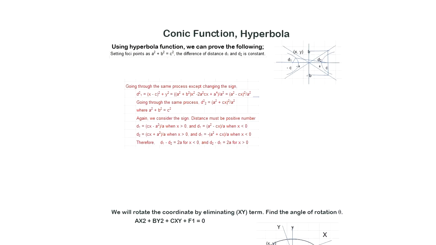Now, hyperbola. We prove setting the foci the same way, but a square plus b square equals c square. In this case, a is this point, b is a certain point here, and c is the focus point.